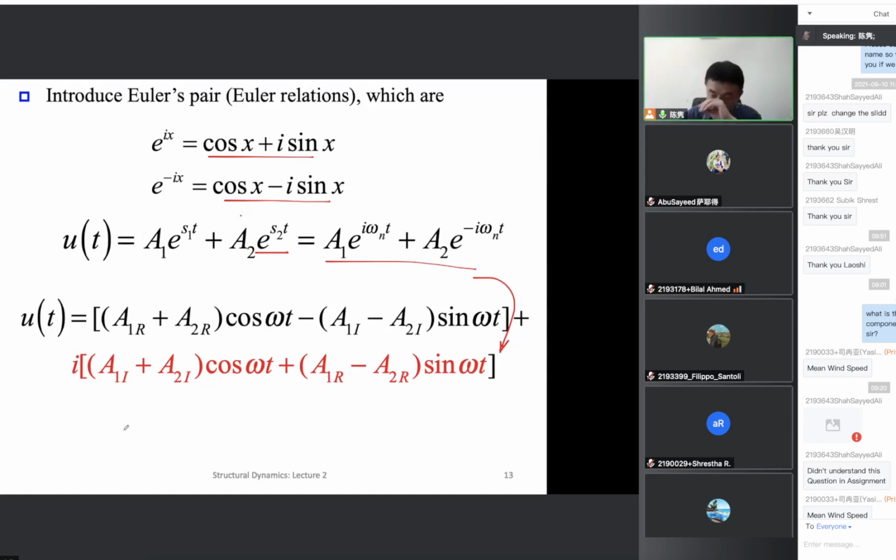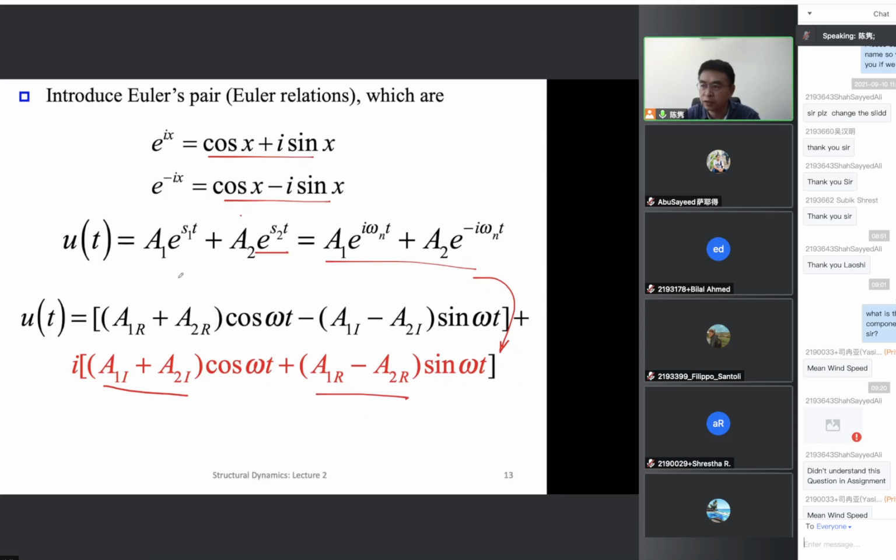So to make these two agree with each other, we need this part to be zero, this part to be zero, which means the imaginary part here must be zero. So this is the key point. If you don't understand it, you cannot understand all the things written by Professor Koff.